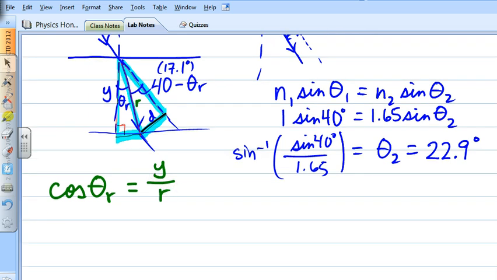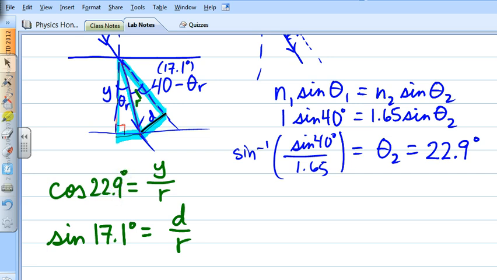And then also we can write that the sine of 17.1 degrees, so that's this angle right here, is going to be opposite over hypotenuse. Okay, now theta refracted is actually 22.9 degrees, and those are just numbers that we can calculate.